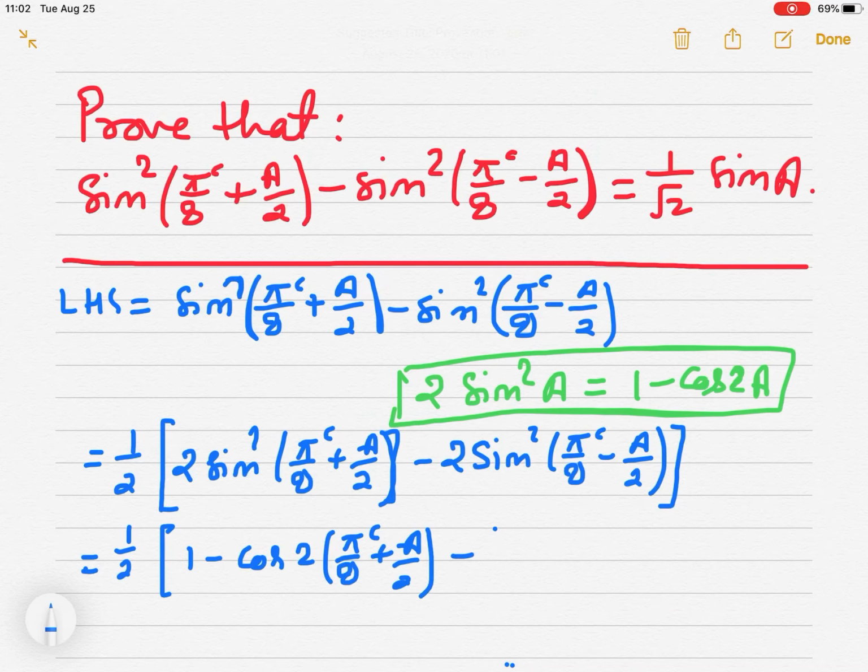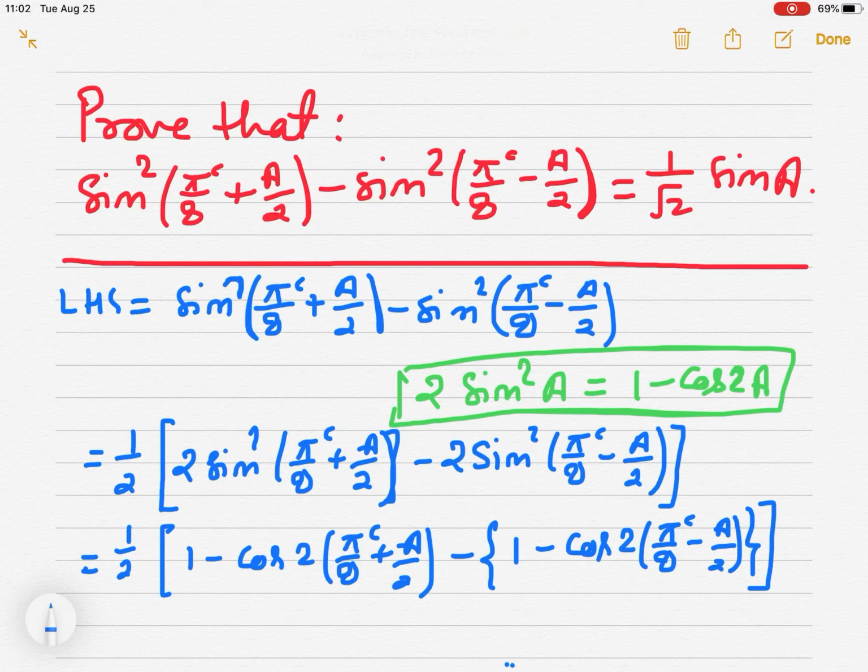Minus again, let us put the curly bracket here because there is a minus. Now 1 minus cos 2A, here π/8 − A/2 doubled. So we are applying the formula 1 minus cos 2A, the formula of 2 sin² A, here also.